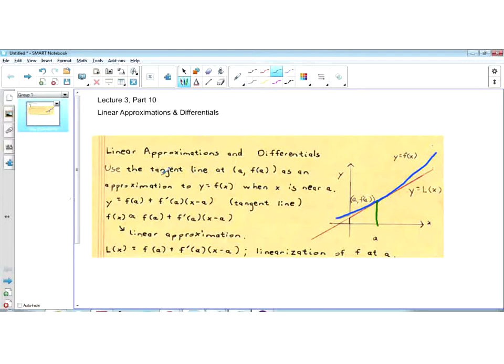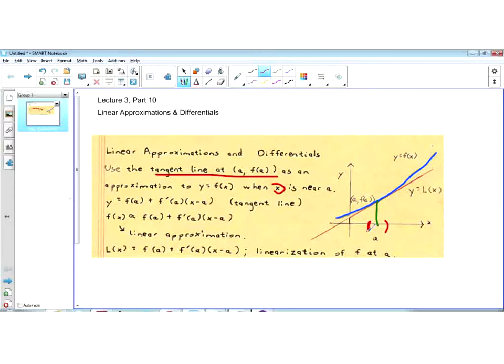So it turns out that we can use this tangent line, shown in red, as an approximation to y equals f of x when x is near a. So when we say x is near a, that means, terminology I've used often in this class, x is inside of a small neighborhood of a, which is basically an open interval on the x-axis containing a.